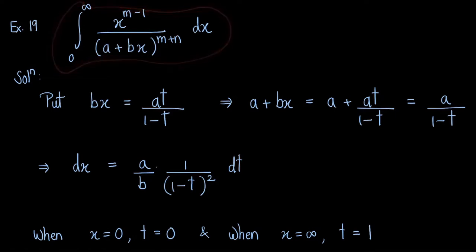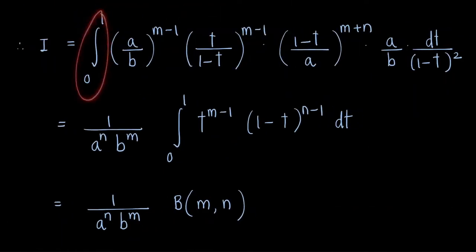Therefore, this integral will become integration 0 to 1 a by b raised to m minus 1 t upon 1 minus t raised to m minus 1 into 1 minus t upon a raised to m plus n into a upon b into dt upon 1 minus t whole square. Now, we will see the power of a. Here the power of a is m minus 1.